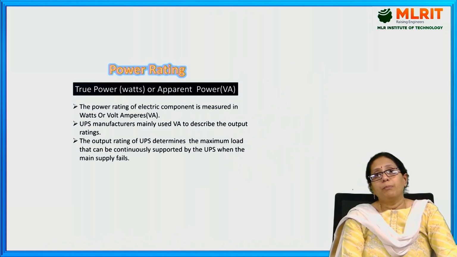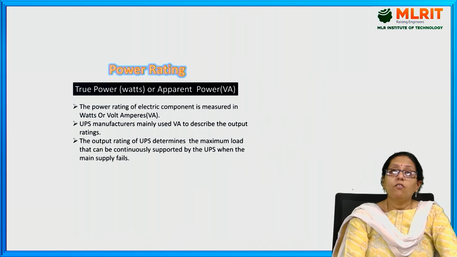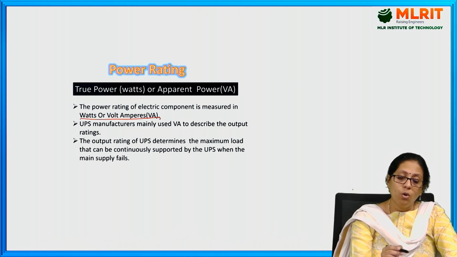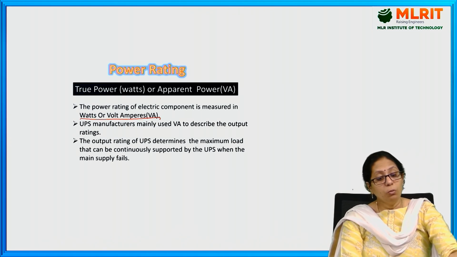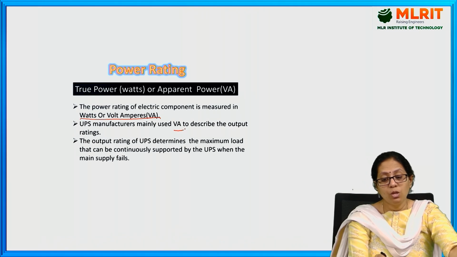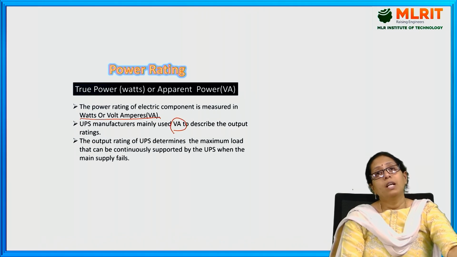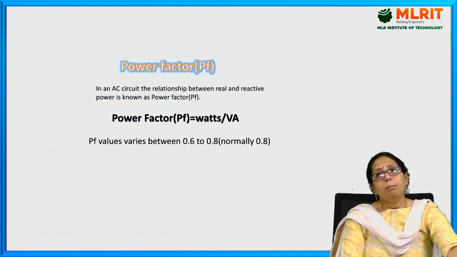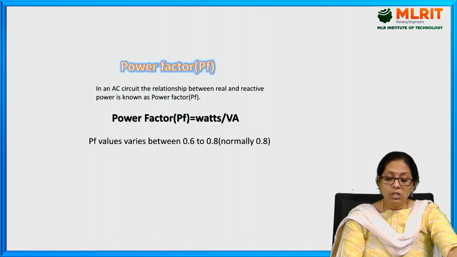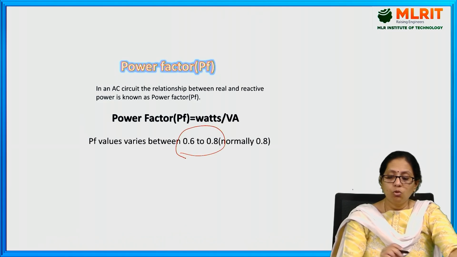Power rating. The power rating of an electrical component is measured in watts or volt amperes. UPS manufacturers mainly use VA, that is volt ampere, as the power rating. The power factor is nothing but watts per VA, and it should be between 0.6 to 0.8.